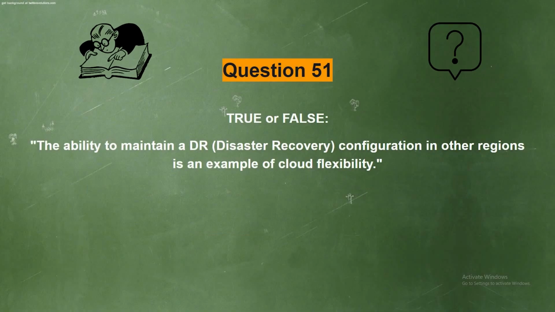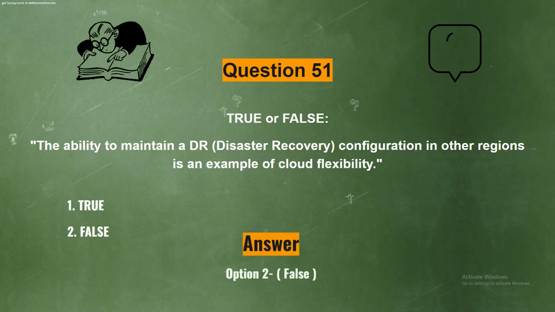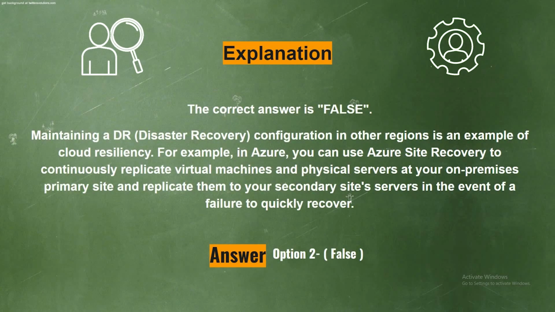Question 51. True or false? The ability to maintain a DR, disaster recovery, configuration in other regions is an example of cloud flexibility. The options are: Option 1, true; Option 2, false. And the correct answer is Option 2, false. Explanation. The correct answer is false.